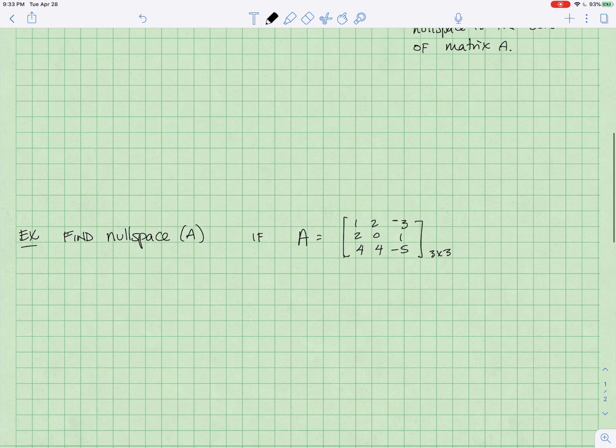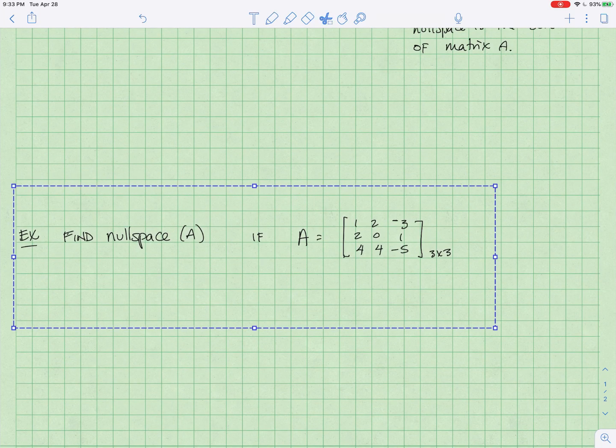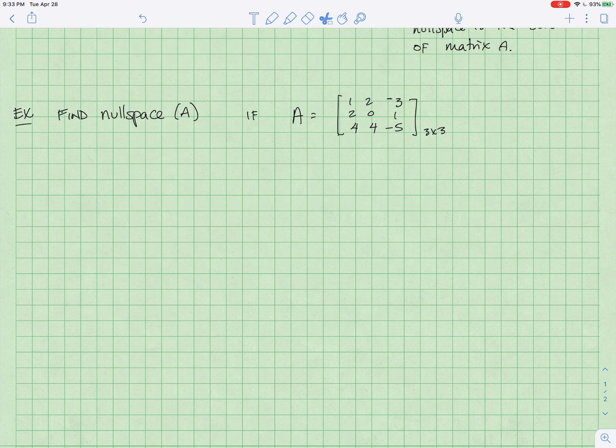Maybe I should move this up a little bit. The geometry here is a little bit different. A is 3 by 3, so as far as the geometry is concerned, which isn't really part of the problem, but it's nice to have a good idea of what we're talking about. A is 3 by 3, so x is going to be 3 by 1, and the output is going to be 3 by 1.